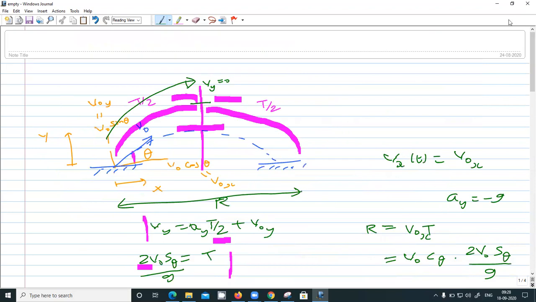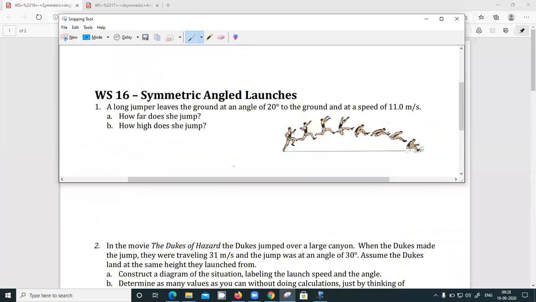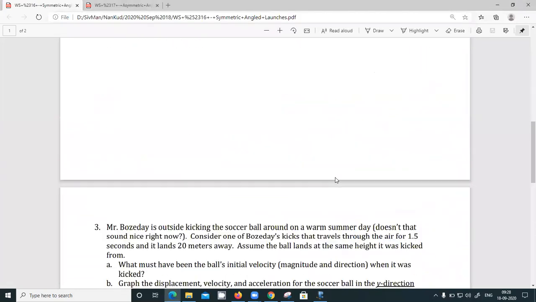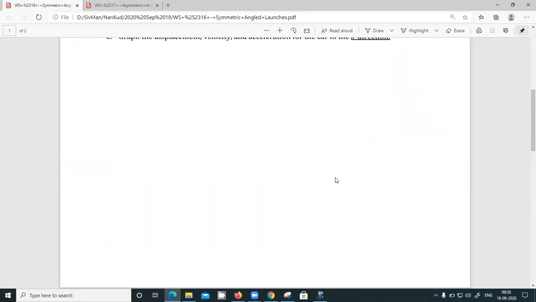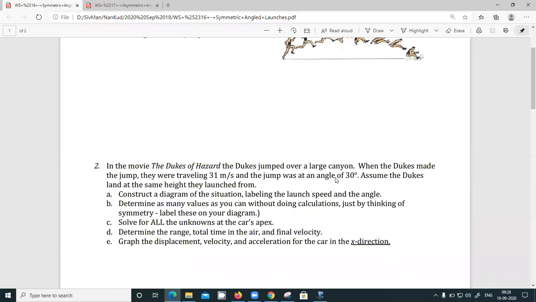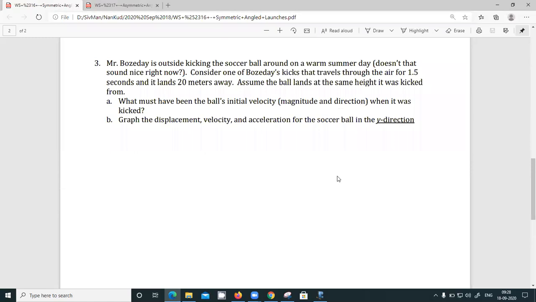Right. So the thing is, your test is on Monday. And what are the topics for the test? Everything, the whole kinematics unit. So from displacement to position versus time, velocity versus time, acceleration versus time, to free fall. So everything. What are you going to do this weekend?